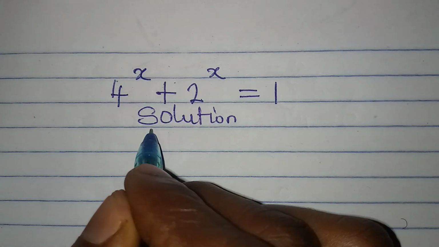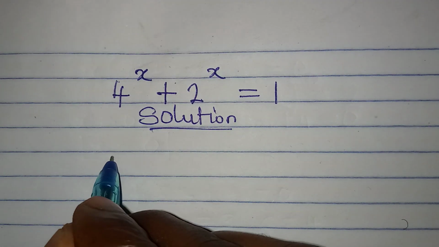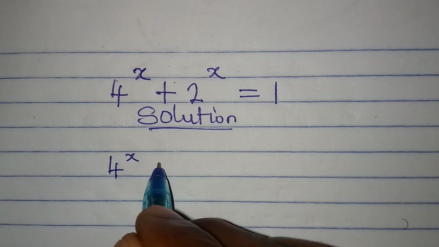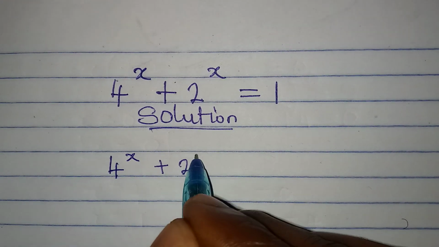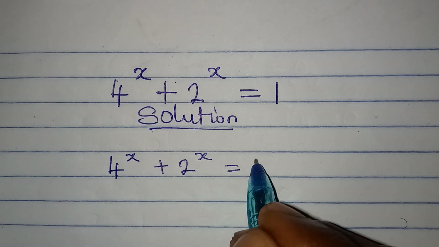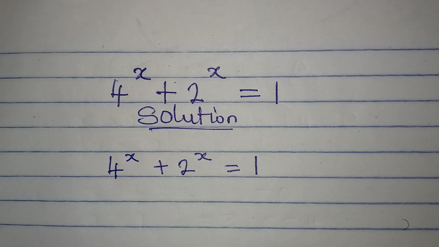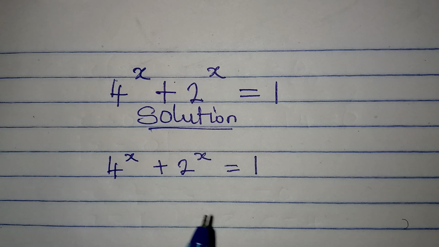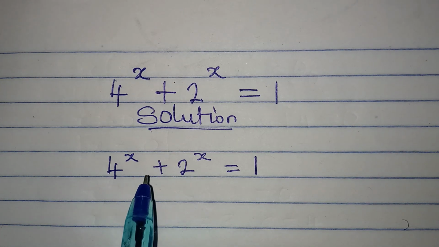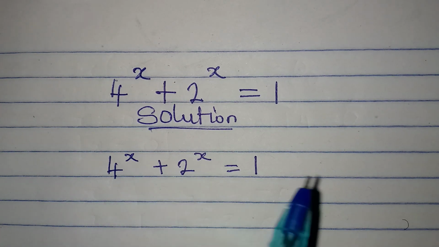Let's solve this problem very quickly. We have 4 to the power of x plus 2 to the power of x equal to 1. Remember, according to this problem, we are to look for the decimal value of x.